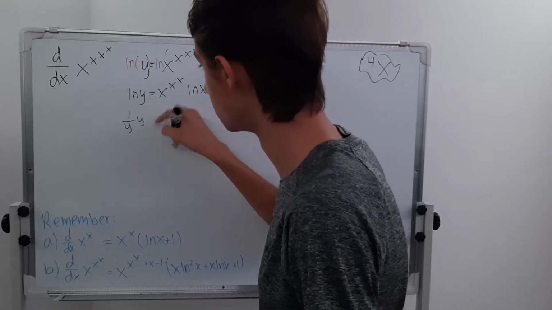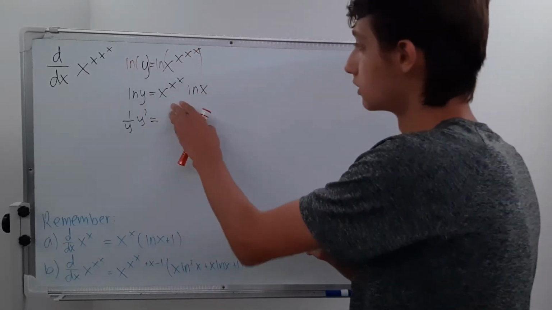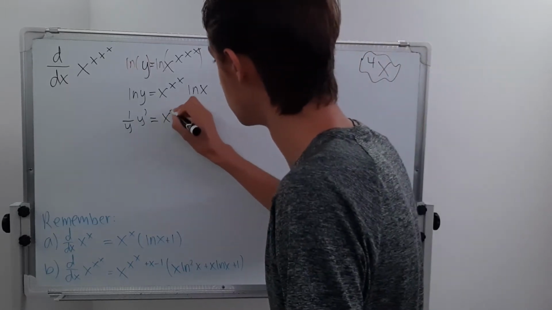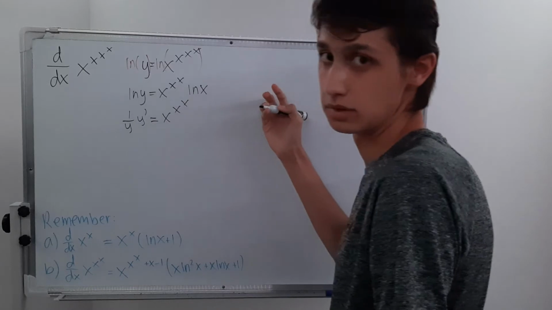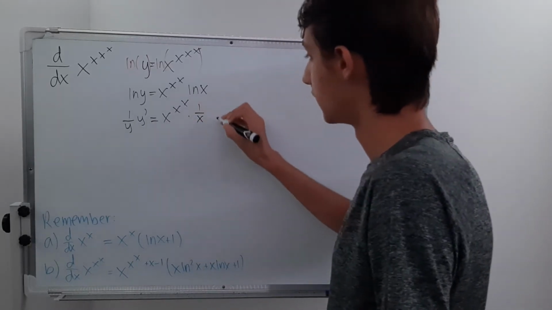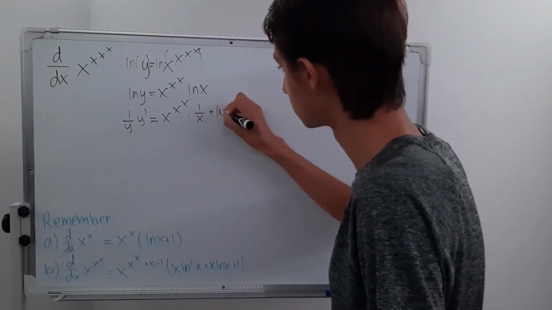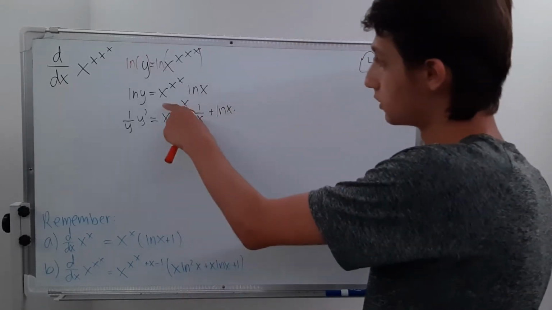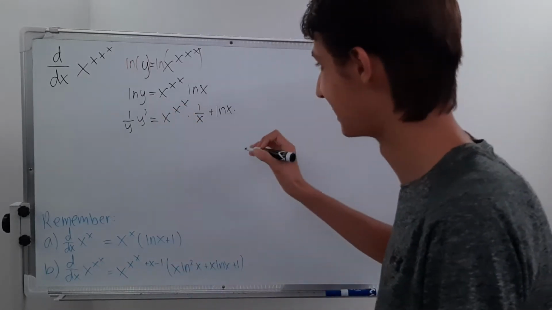And that is equal to, I'm going to start by writing out the function, x to the x to the x times the derivative of ln x, which is 1 over x. Then we add ln x times the derivative of this function, which is that catastrophe.